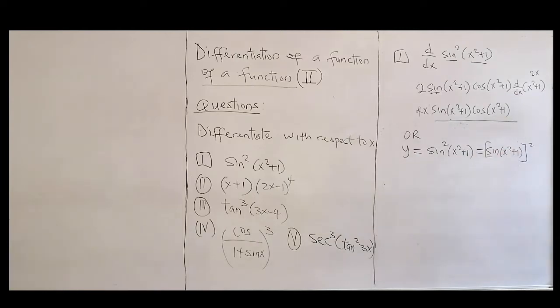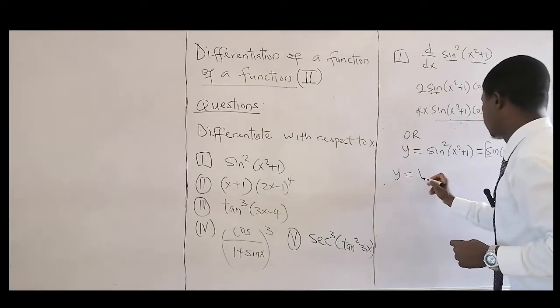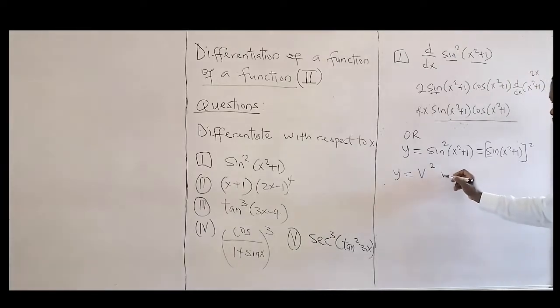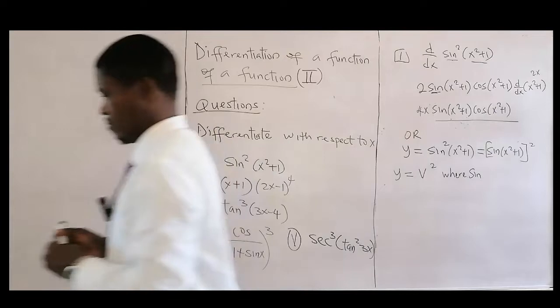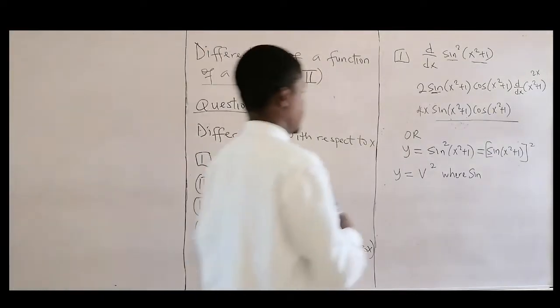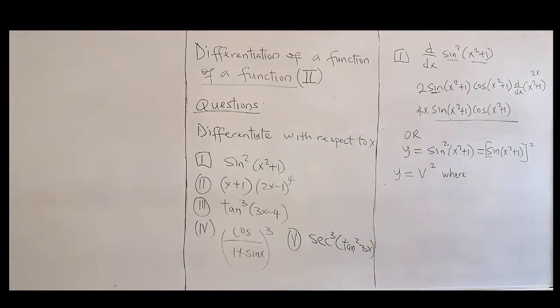So we can write this as y equal to v squared, where v is equal to sine w, and my w is equal to x squared plus 1.